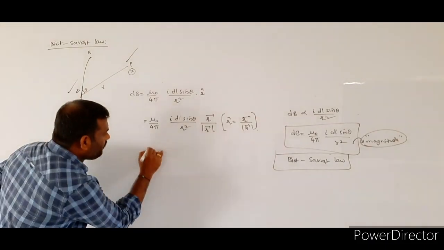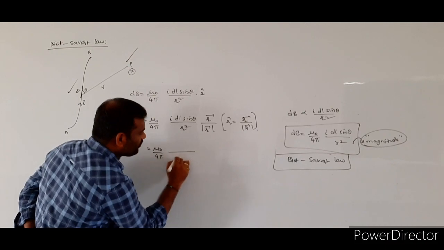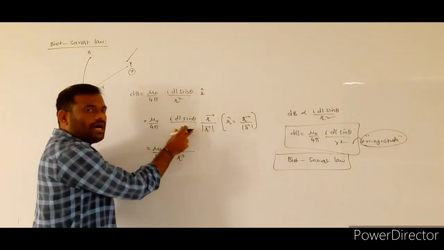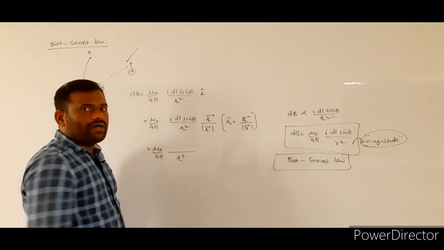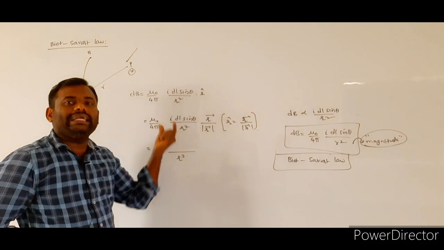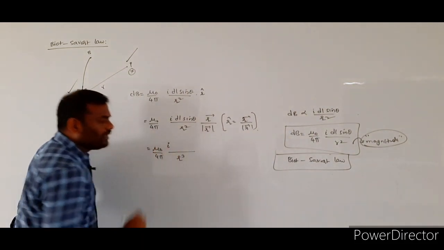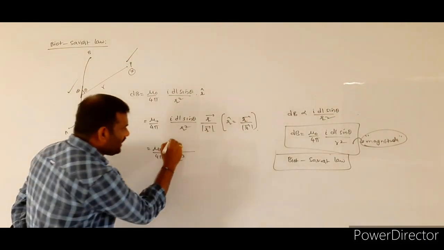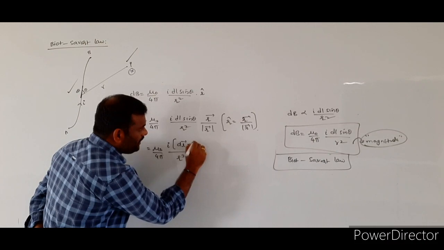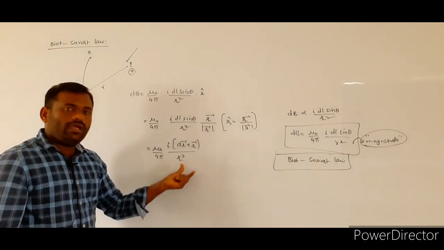So the denominator becomes r square into r, which is r cube. I is a scalar quantity, so it can be written in vector notation as dl bar cross r bar by r cube.